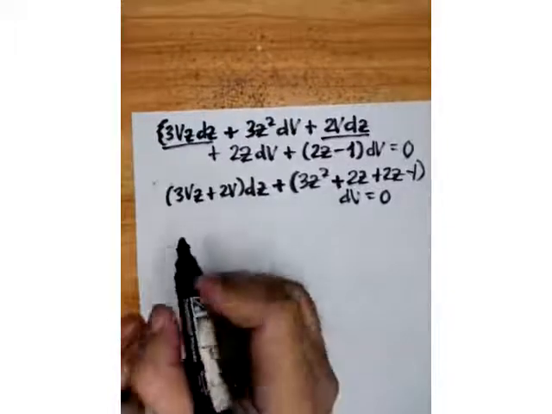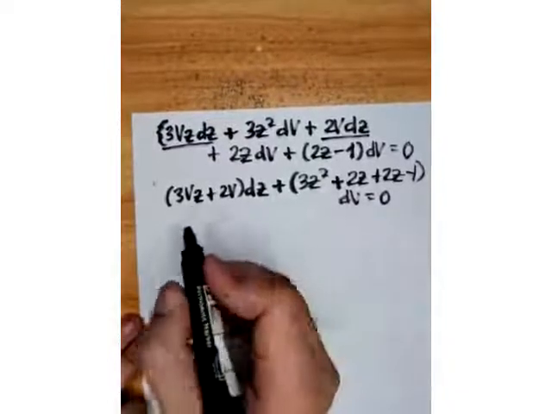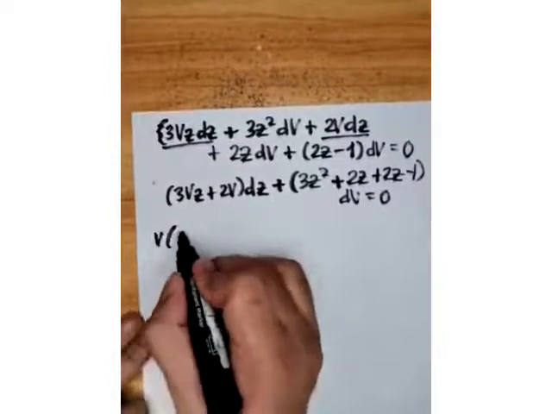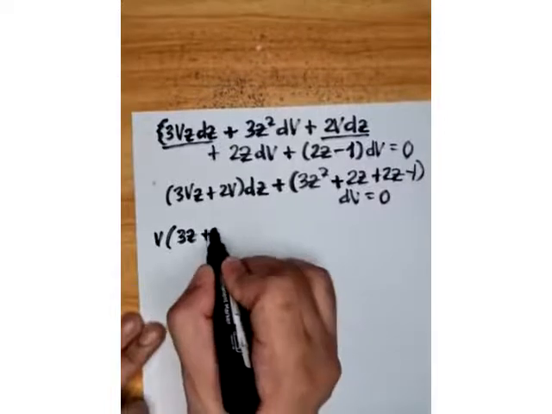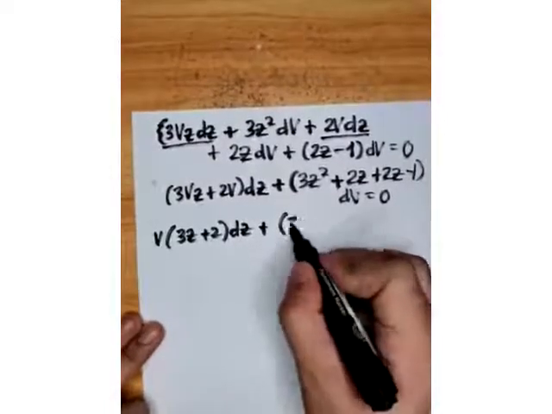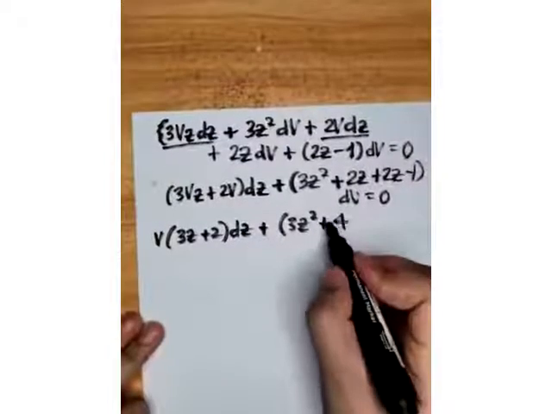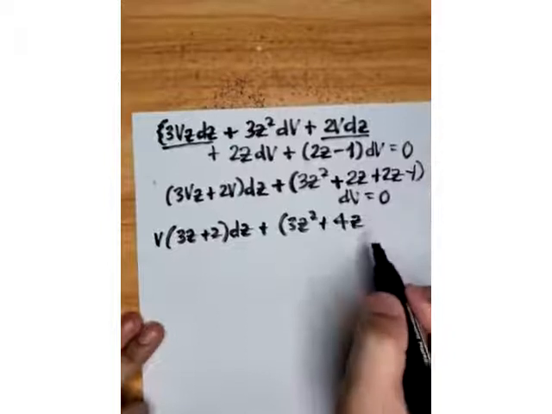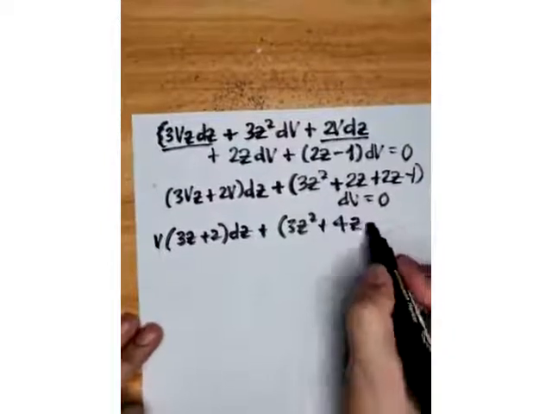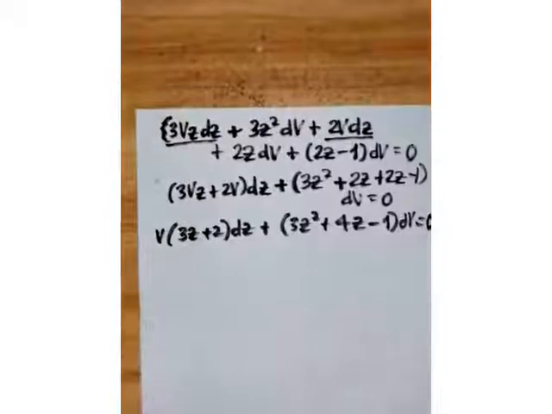Okay, and then let's just factor out v. So v times 3z plus 2 dz plus quantity 3z squared plus 4z minus 1 dv is equal to 0.